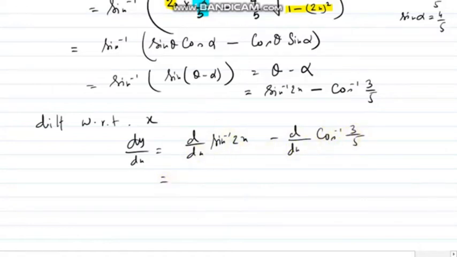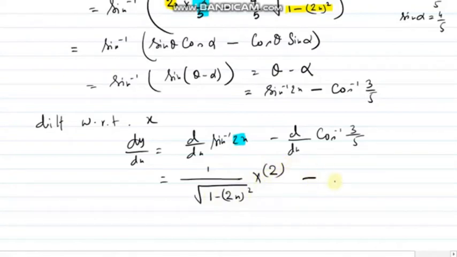What will be d/dx of sine inverse 2x? Just check. Again we have to apply the chain rule. d/dx of sine inverse x is 1 divided by root over of 1 minus x square, into d/dx of 2x. d/dx of 2x we can directly write as 2, minus the constant term which is 0. Hence the answer will be 2 divided by root over of 1 minus 4x square.